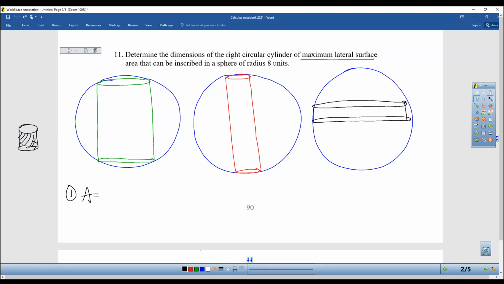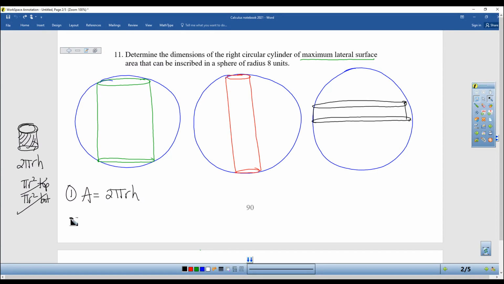So like a toilet paper roll that has no top or bottom, that would be the lateral surface area. So that would just be the 2 pi r, the circumference, times the height. You don't need the pi r squared top, and you don't need the pi r squared bottom. So it's just going to be 2 pi r h.